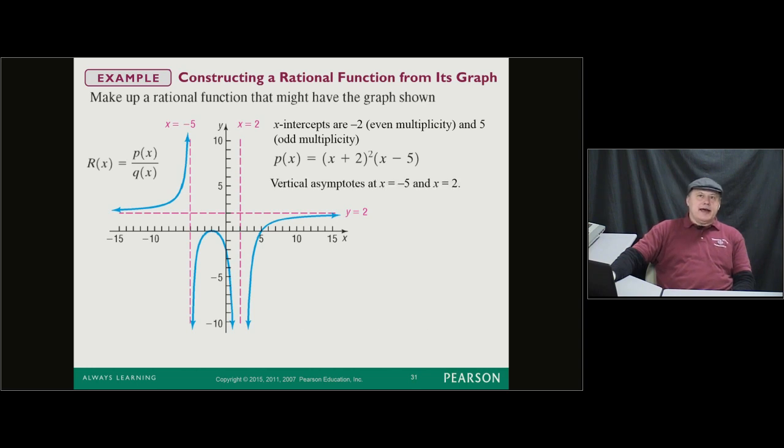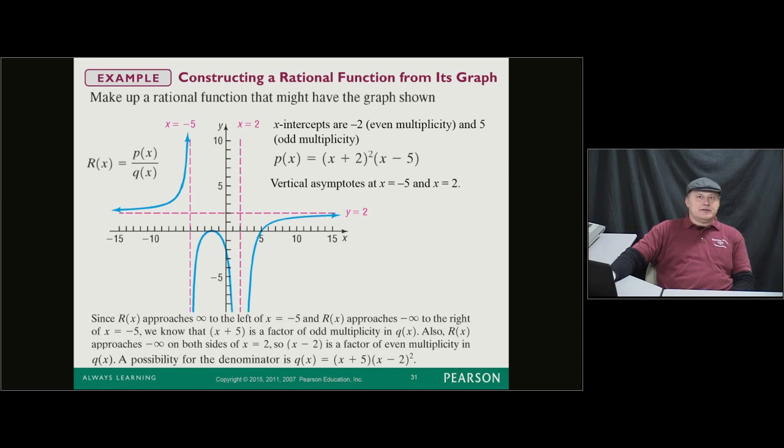Now, the vertical asymptotes are at x equals -5 and x equals 2. Vertical asymptotes help us find the q of x. The verbiage in the problem is basically saying that at 2, the graph is going in the same direction on both sides, so it's going to have an even multiplicity at x equals 2.